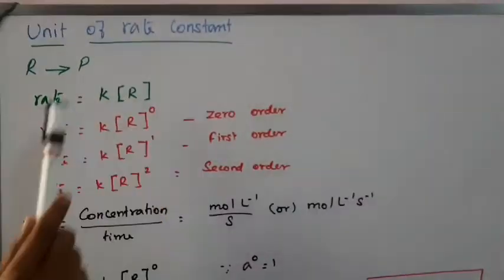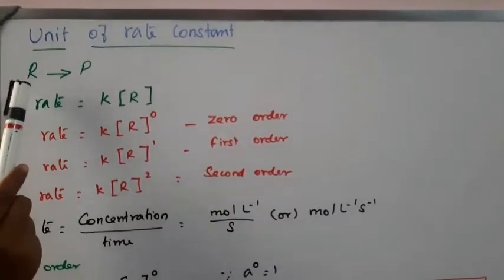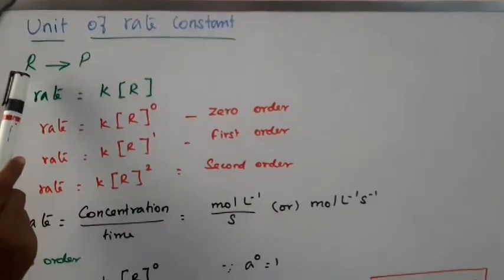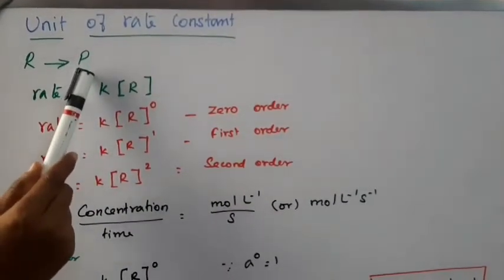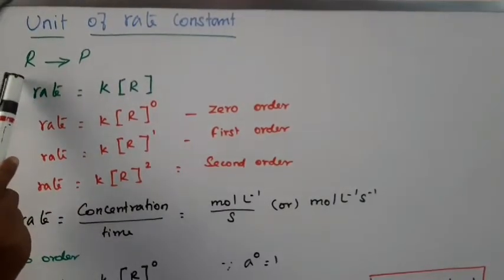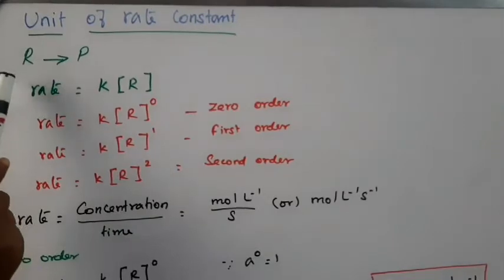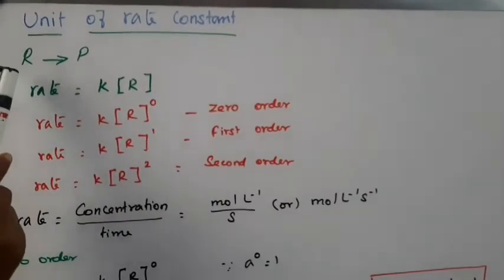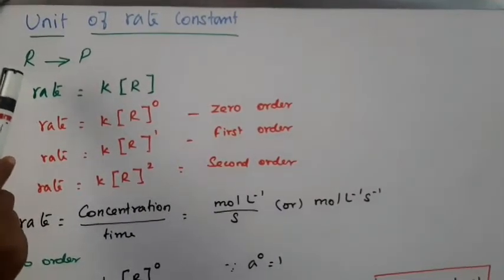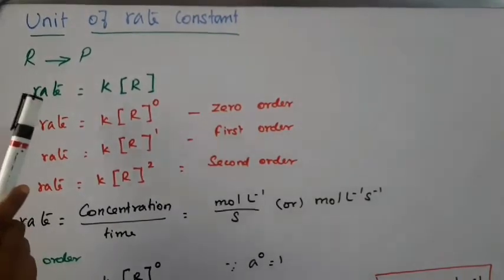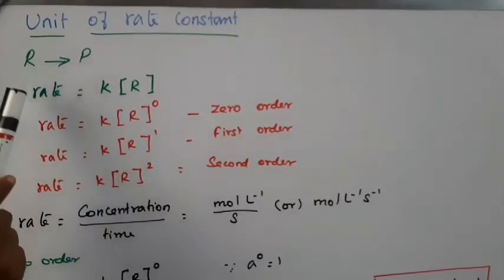Unit of rate constant. Suppose we consider a general reaction where a reactant gives the product. How can you write the rate of the reaction? Rate depends upon the concentration of the reactant or product with respect to time. So rate equals rate constant times the concentration of reactant.